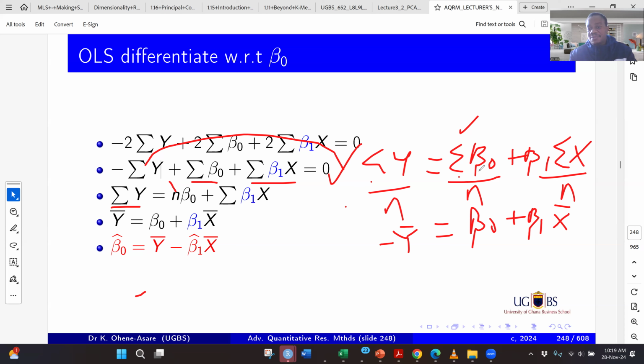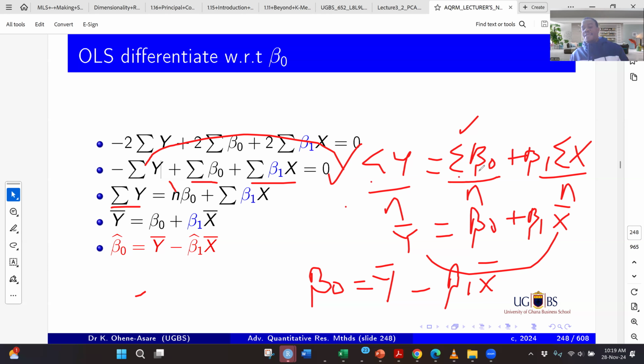Now, at this stage, if you want this beta naught to be out, all you've got to do is move this one to the left-hand side. So beta naught becomes equal to y bar minus, because when it comes here it becomes minus beta 1 x bar. And so we have been able to find the value of beta naught.